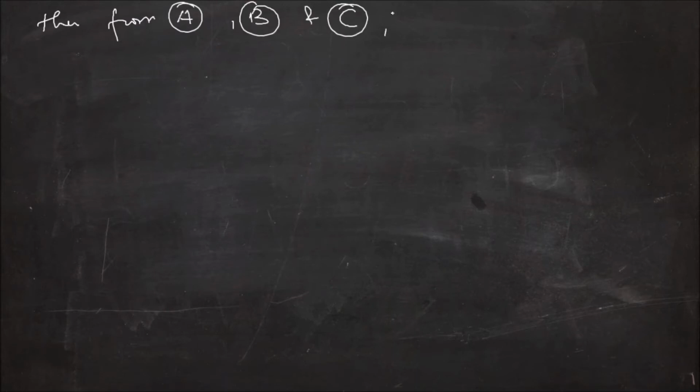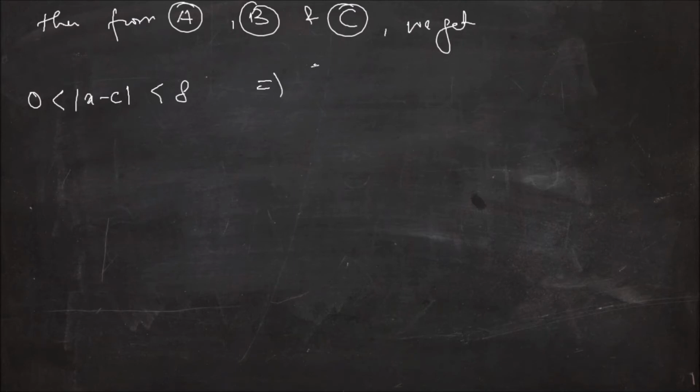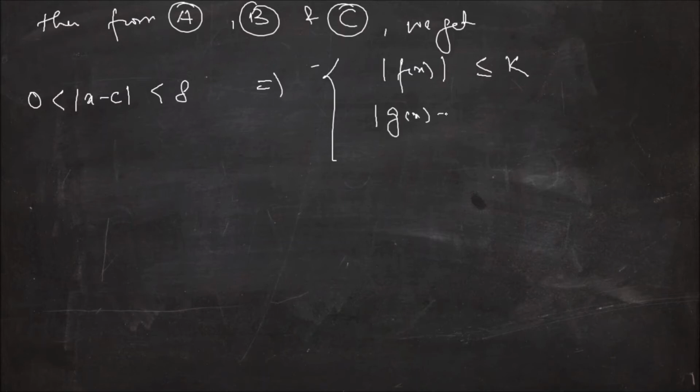Then from A, B and C we get 0 less than mod x minus c less than delta implies mod fx is less than equal to k. Second, mod gx minus m is less than epsilon by 2k.